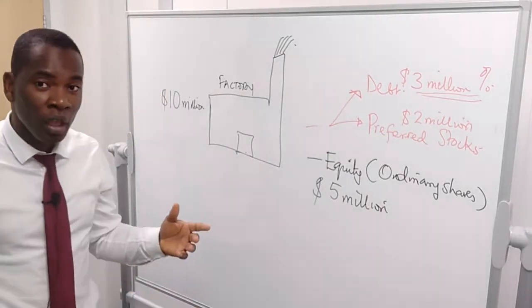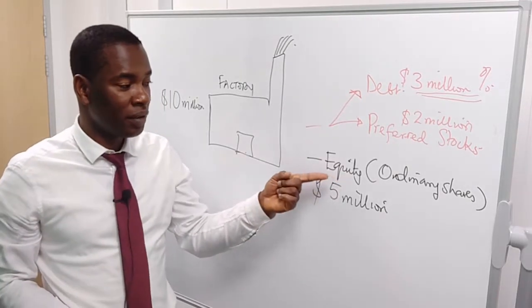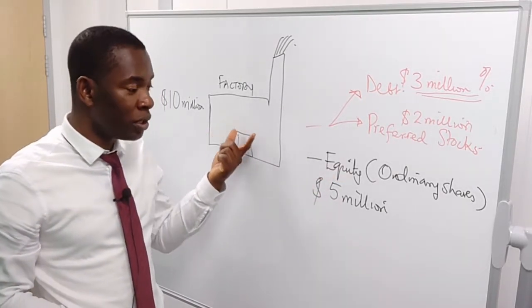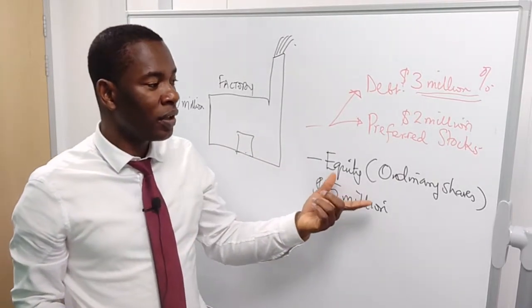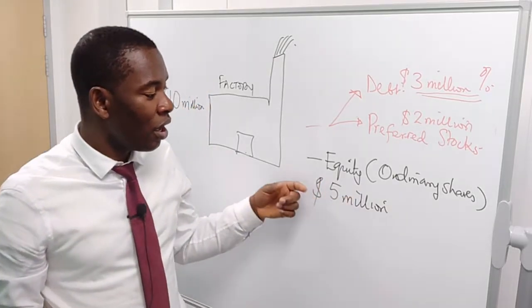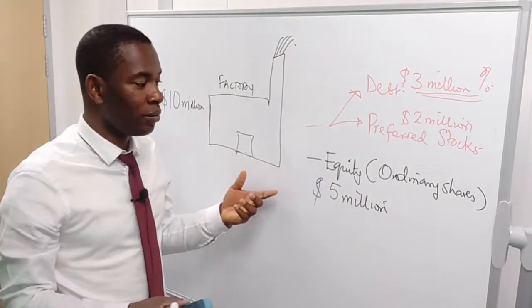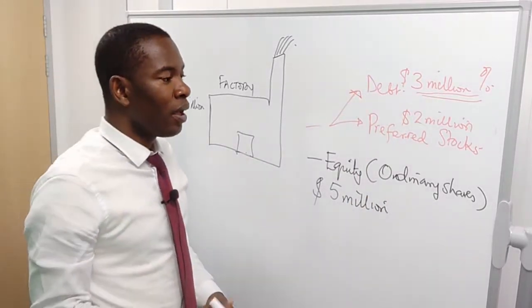And if by chance anything else is left of this liquidation, then you are talking about giving the ordinary shareholders, the owners of this company, whatever is left of it after taking care of these people.